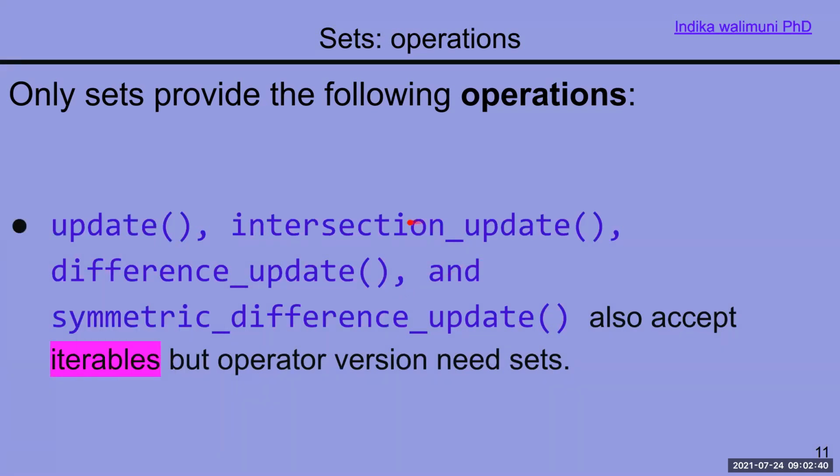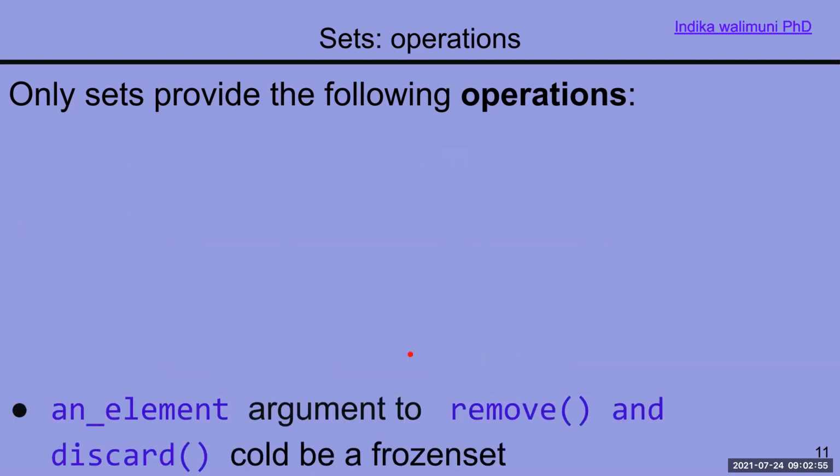Update, intersection update, difference update, and symmetric difference update also accept iterables, but there is no operator version. The element argument to remove and discard could be a frozen set as well.